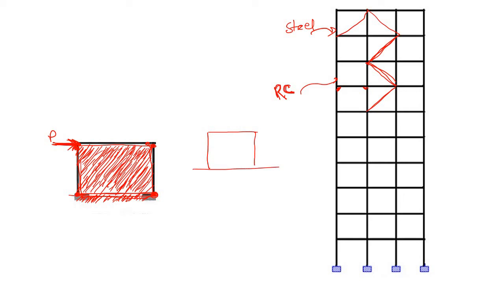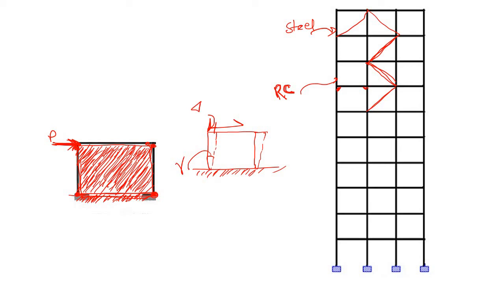You have an object seated on this base, fixed on this base. Now you are applying some force like this. What is going to happen? It is going to deform like this, and this is known as shear strain. The same thing is going to happen here also. The deformation is very much negligible.